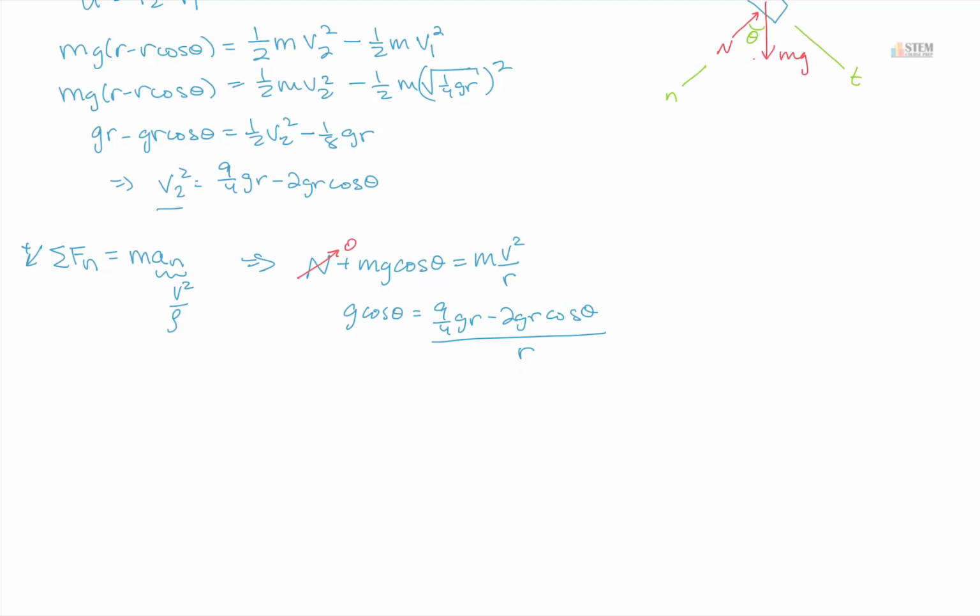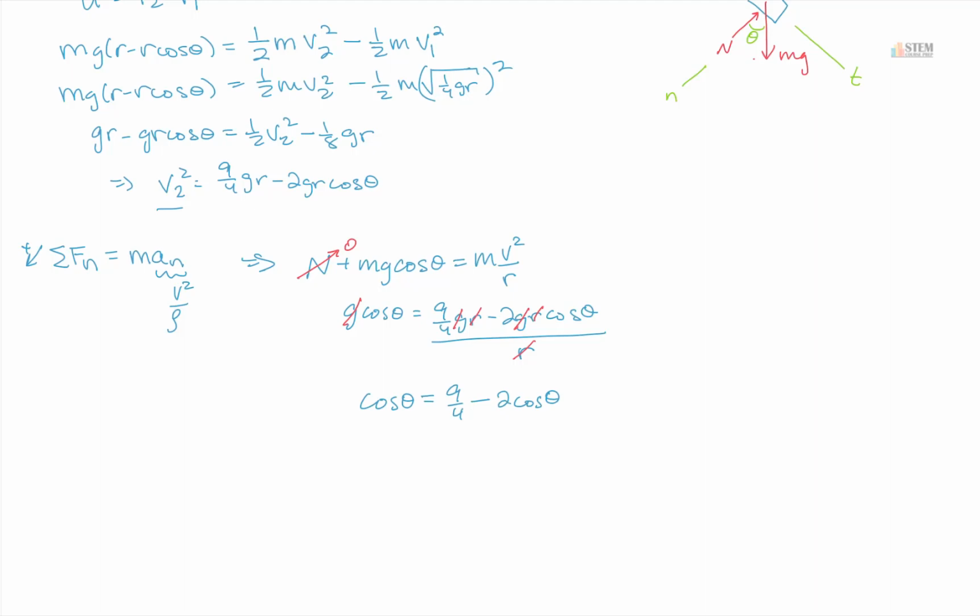And then a bunch of stuff cancels, right? So if we look, the r's here will cancel. So those go away, and then the g's all cancel out right there, leaving us with cosine theta equals 9/4 minus 2 cosine theta.